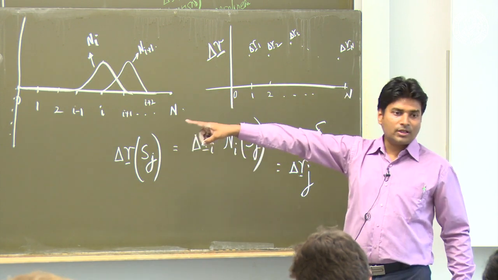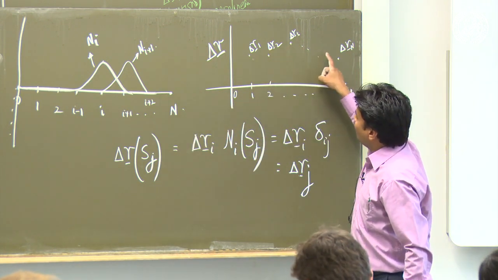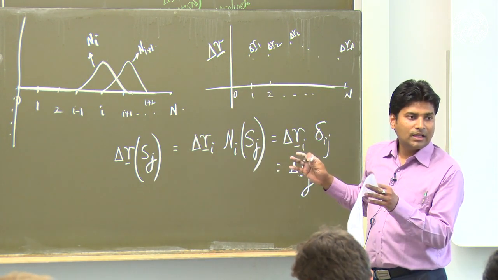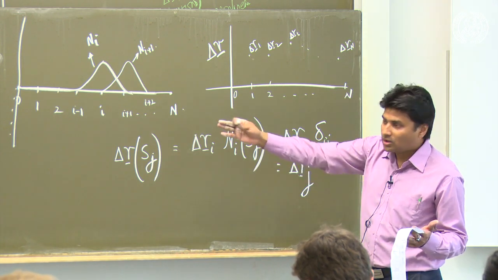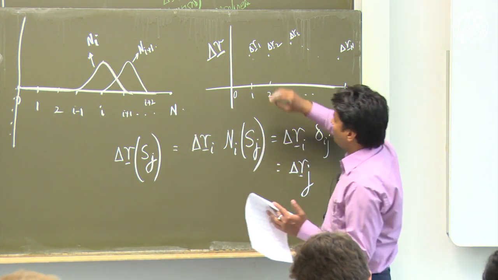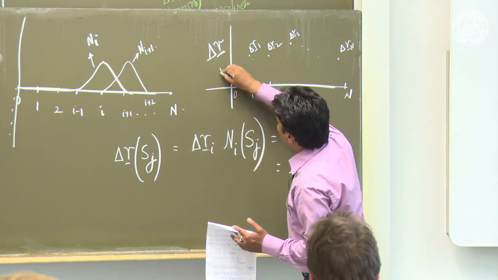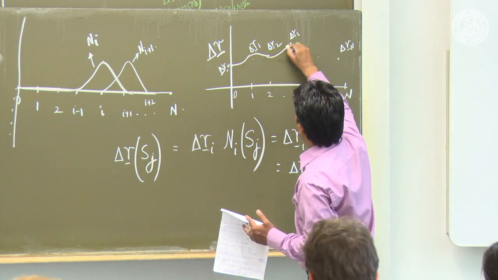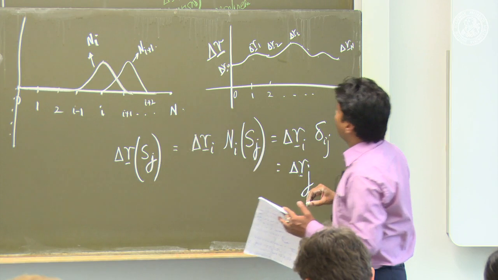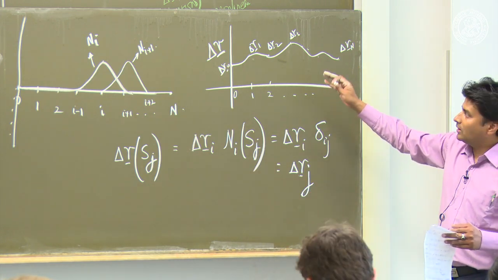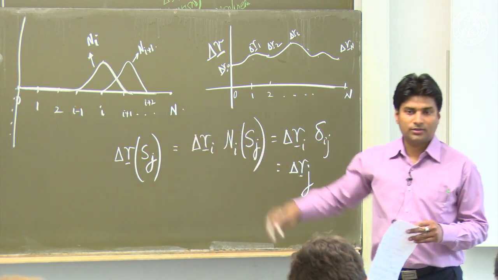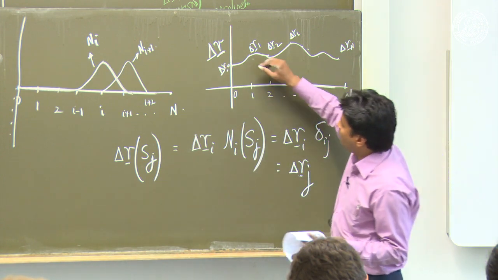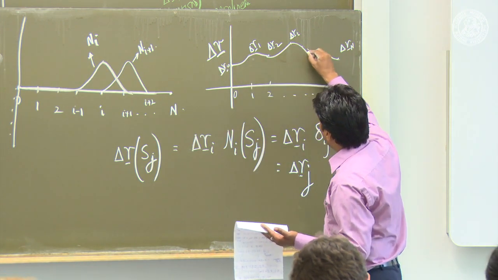So, that expansion will be such that these numbers will give you value of delta r at the nodes, but in between the nodes it gets interpolated through the shape functions. If this is delta r_0, then it just gets interpolated. At the nodes it gets a value from those coefficients, and between the nodes it just gets interpolated. If your shape function is linear, then you just have to add straight lines between the nodes.